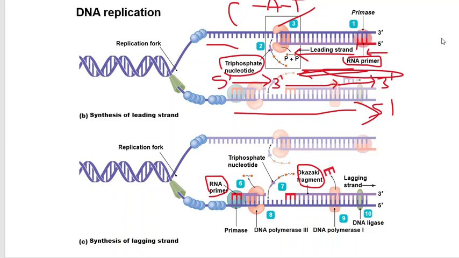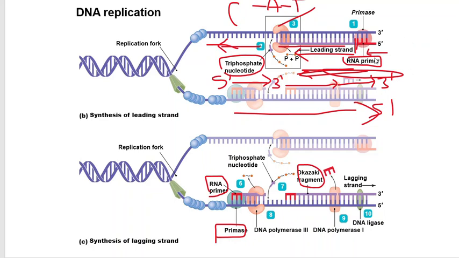Well, yep. So what we do is we have something called primase. This enzyme comes and actually puts an RNA section down, and then the DNA polymerase attaches to that and goes on its merry way.